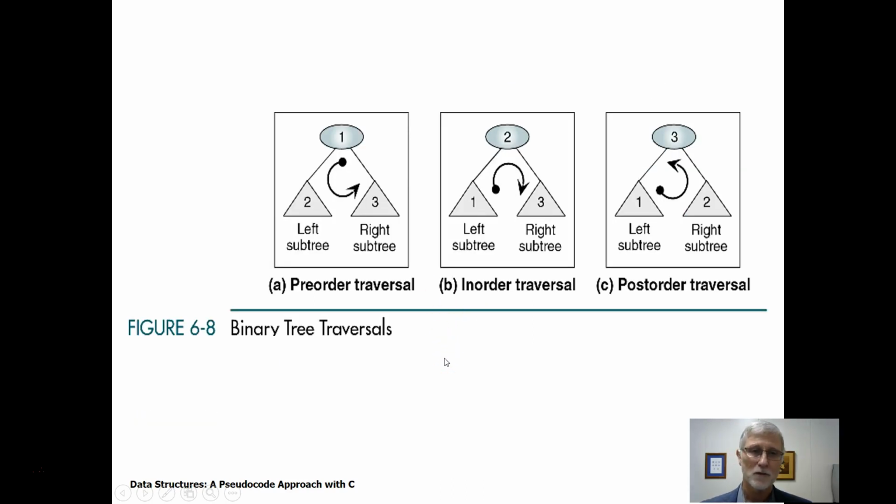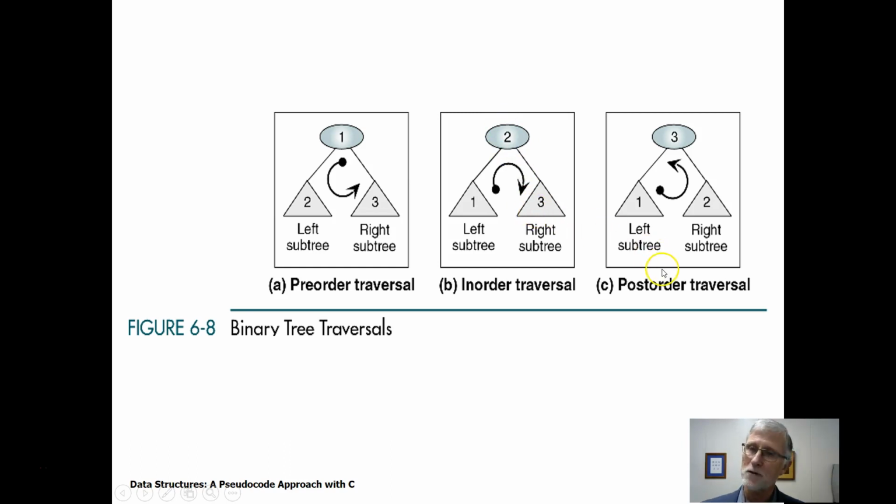Now, there's 3 ways of doing a depth first search. I can do one, what they call pre-order. So basically it means what? I process the first one, I process number 1, then I go to the left subtree, then I go to the right subtree. I can do it in order. So that means I go to the left subtree, then process the node, the node 2, and then go to the right subtree.